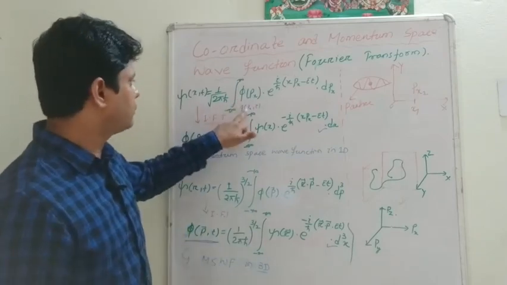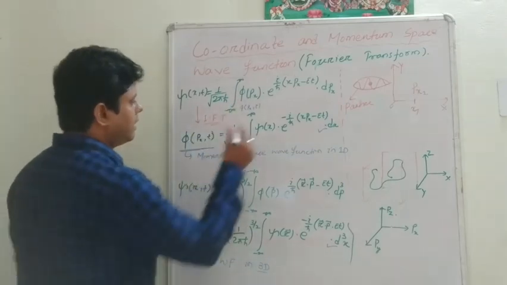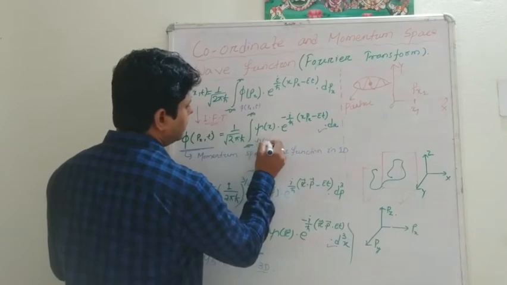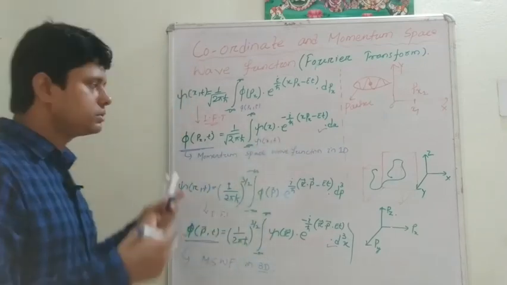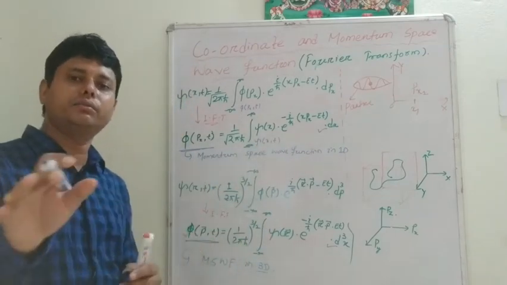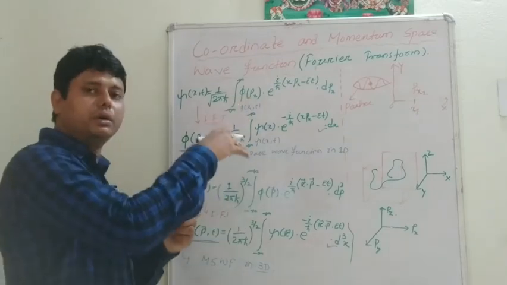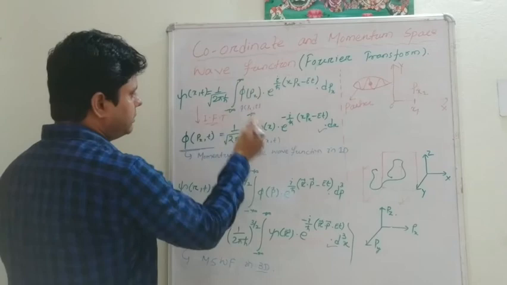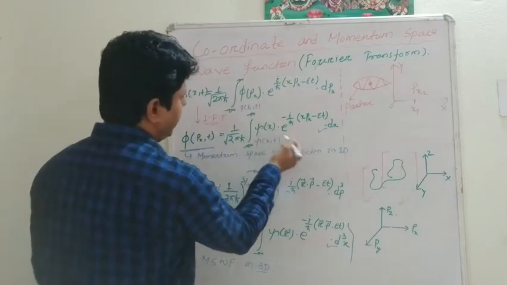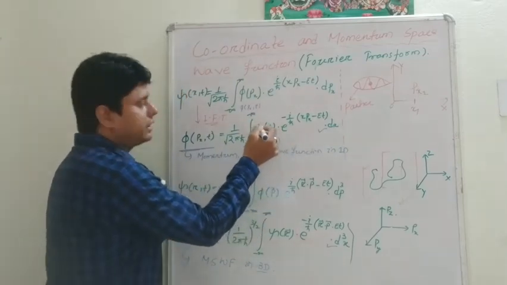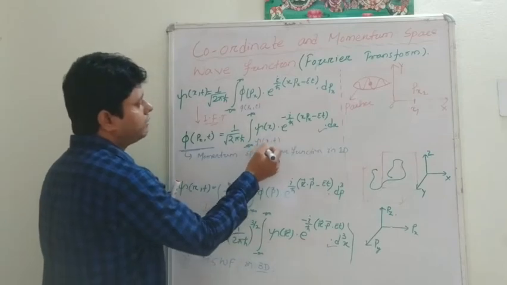Here phi is a function of px t, you can write, and here you can also write psi is a function of x t, because phi is the function of momentum and time, and psi is the function of position and time. So some books have written in this form and some in this form.